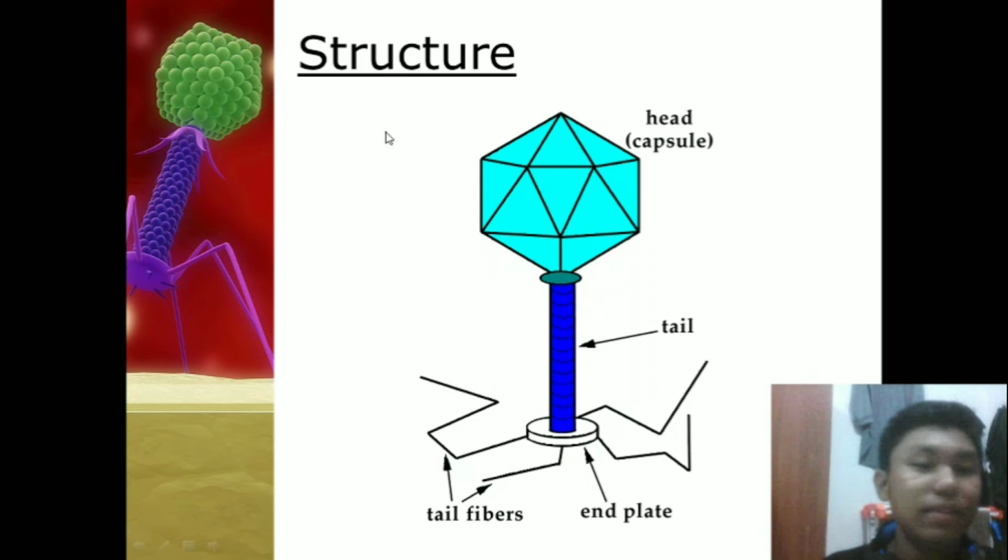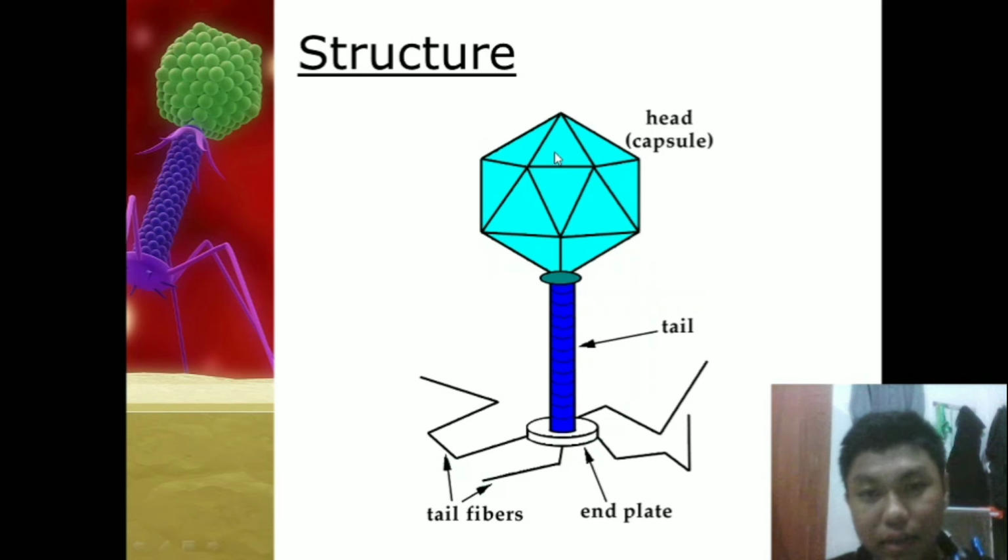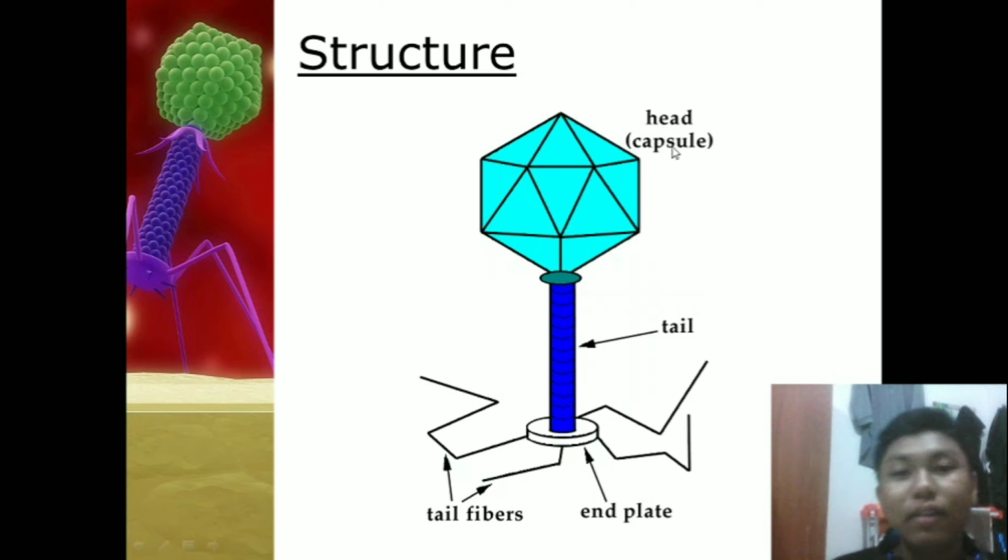Next is structure. First of all, this is a head capsule or capsid. It's made from protein. It contains nucleic acid, DNA or RNA, one of them, in here. Every unit of protein is called capsomer.